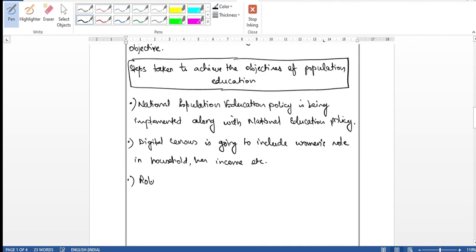Let's write the third thing: role of ASHA workers and ANM. The role of ASHA workers is very important, tremendous, in achieving these objectives.